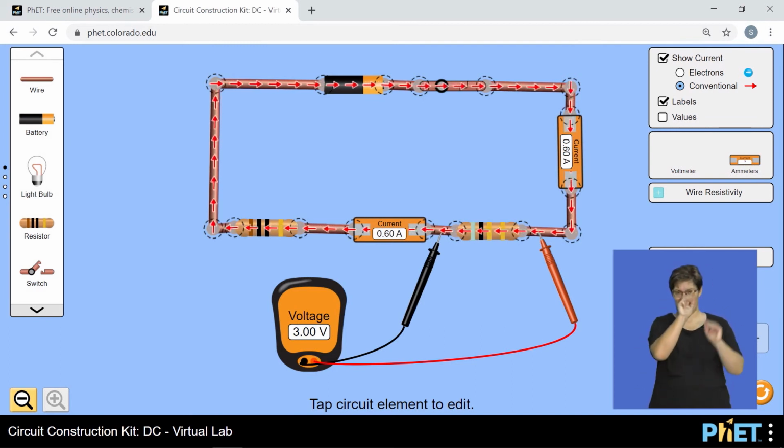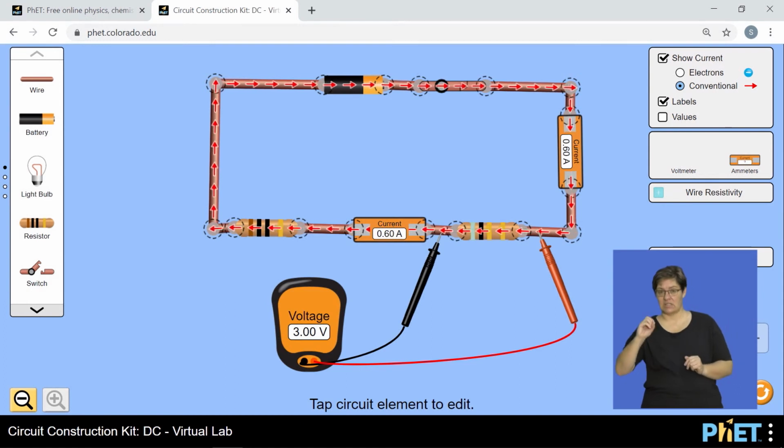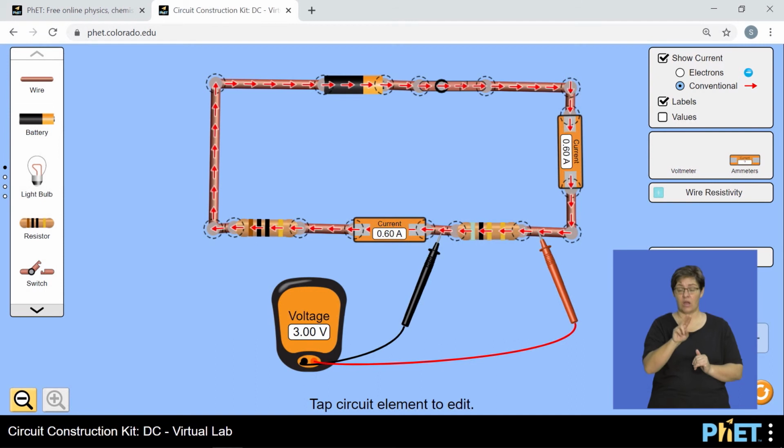But how much current passes through R1? You'll realize that before R1 there is 0.6 amperes of current. After R1, and after R2, there is 0.6. Even if we put another ammeter, we would find the same amount of current, even through the source.